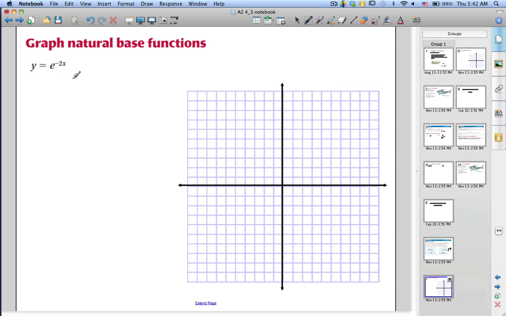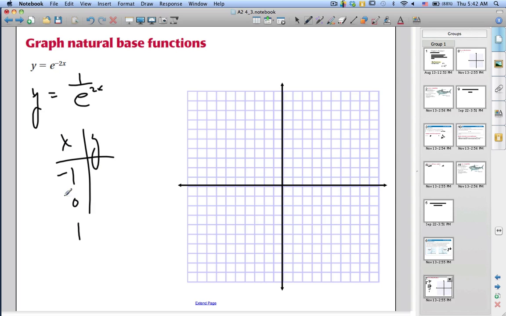So this one is going to be, right, a decay function because it's the negative 2 power. It's the same as y is equal to 1 over e to the 2x power. If I do an input-output table, I'm going to use -1, 0, and 1. Right?